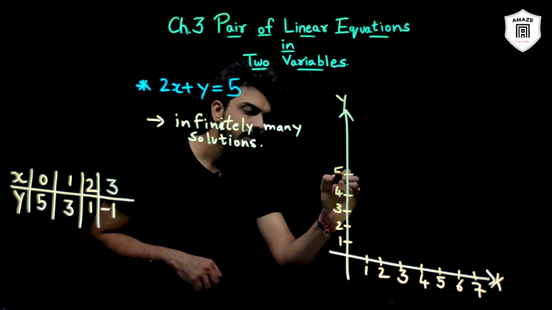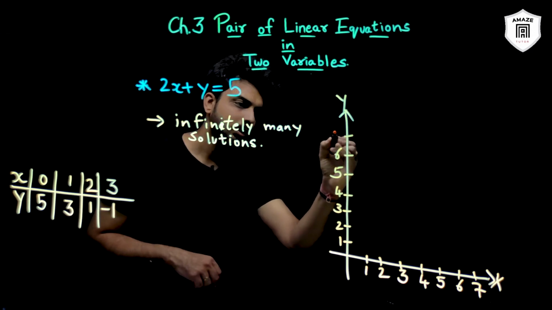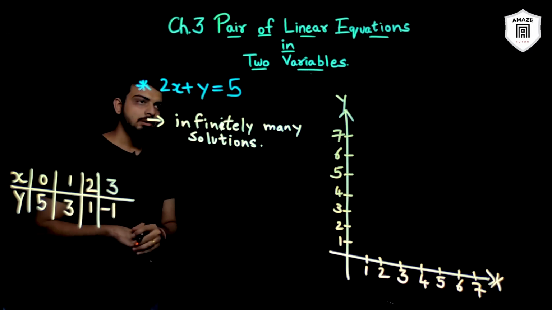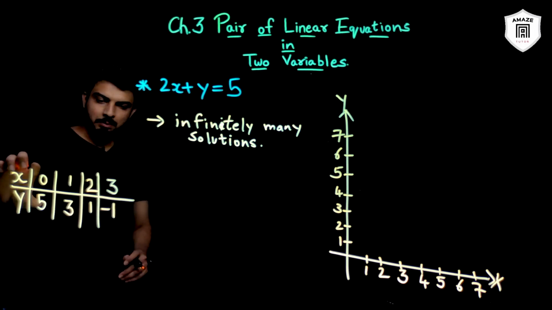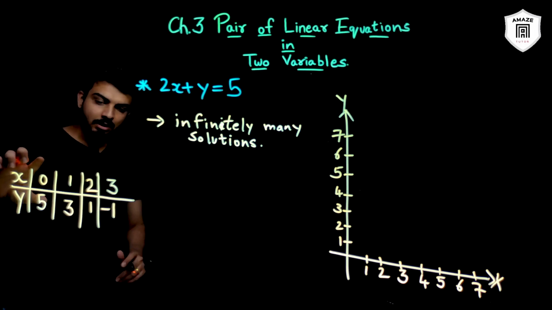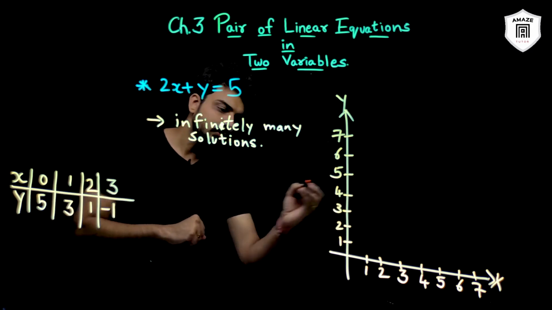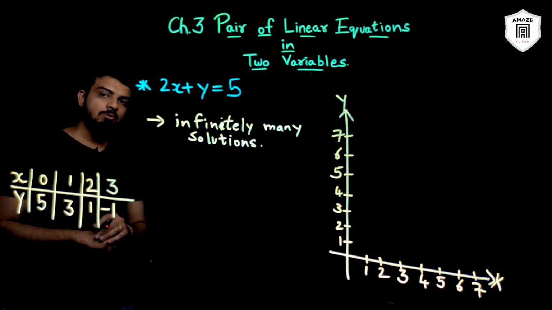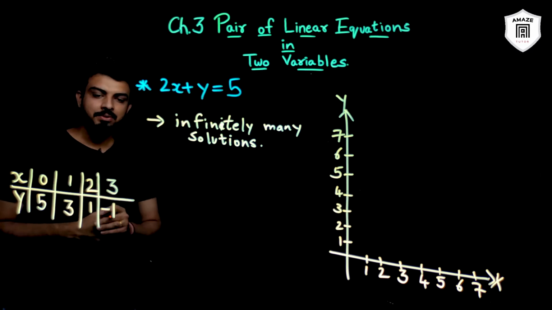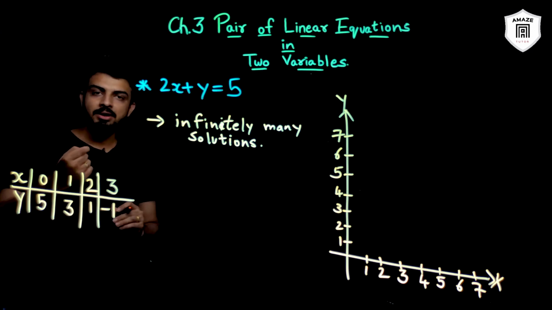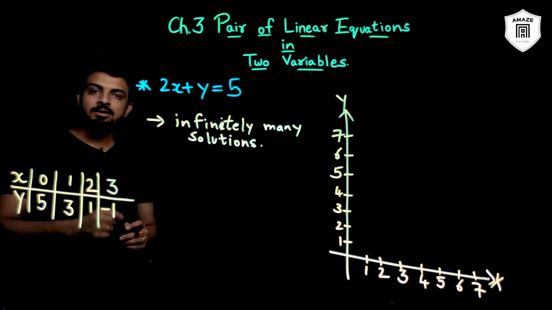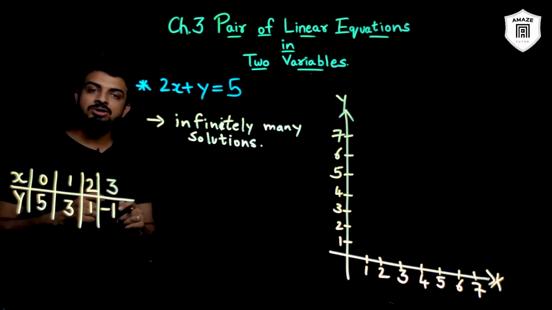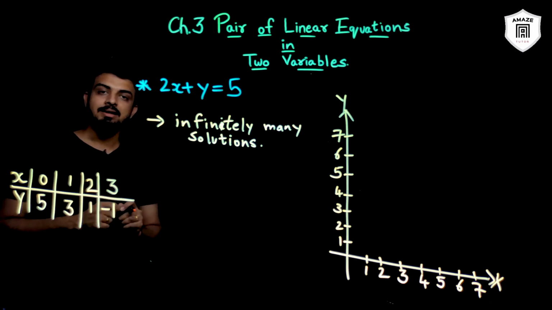Now to plot this, we can plot these points onto the graph. We require only 2 points to make a line, and you are already aware that whenever you plot a linear equation, you will get a straight line, because a linear equation graphically represents a straight line only.